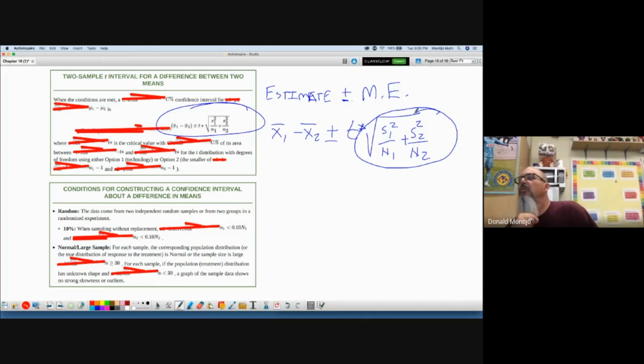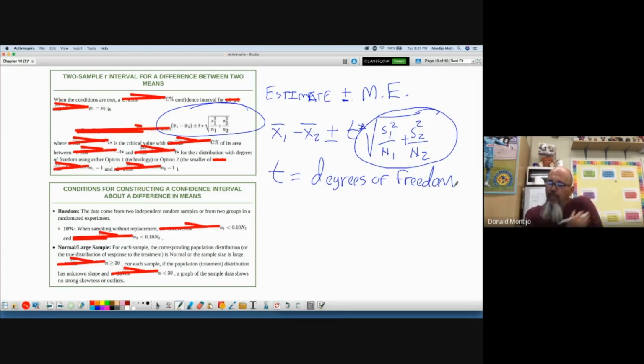And the standard error is just the standard deviation. Okay, so it's T. What goes along with T? Anytime we see T, T means we need degrees of freedom. How do we choose degrees of freedom? Well, what we've always done before is n minus 1.